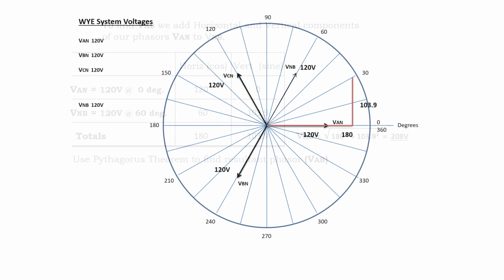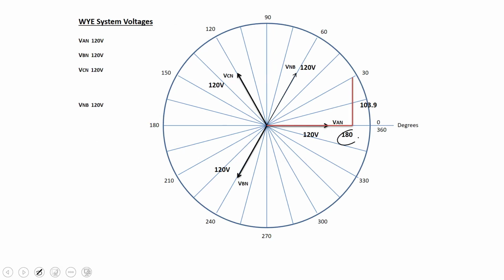Let's have a look on our phasor diagram. Here's the horizontal, 180, and then the vertical, 103.9, and we get our hypotenuse, roughly 208 volts. So voltage VAN plus voltage NB gives us our voltage VAB. Now what angle is that at? Well, we can determine that too. We have our horizontal of 180, and the hypotenuse, our line voltage, is 208.